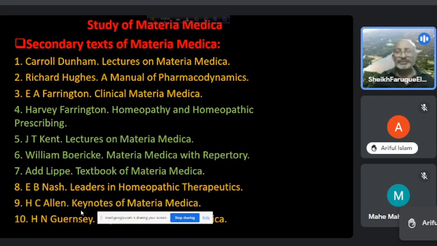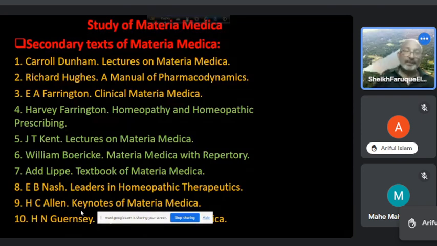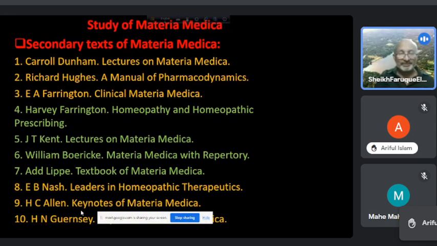Dr. H.N. Guernsey was a very big homeopath, and he was a professor of homeopathic practice in gynecology at Hahnemann Medical College of Philadelphia. So he was a younger colleague of Dr. Hering. He also wrote keynotes of materia medica. So these two keynotes are very famous in homeopathic literature.